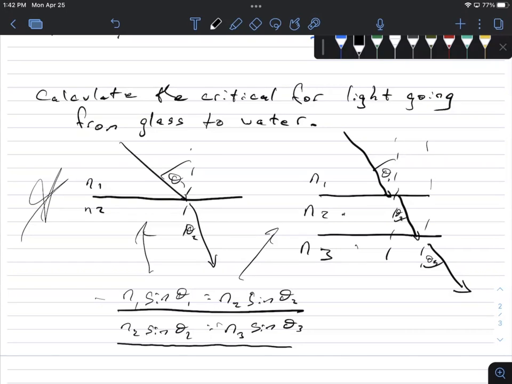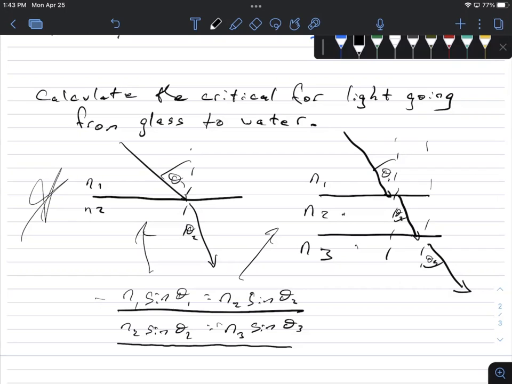Critical angle is the opposite. Critical angle is the angle of incidence. It's the first one, but it's a special version of the first one. Theta 1 is the angle that light makes in the first material. If that angle is the special angle where it forces theta 2 to be 90, the angle of refraction is 90, then we rename theta 1 and just call it critical angle.